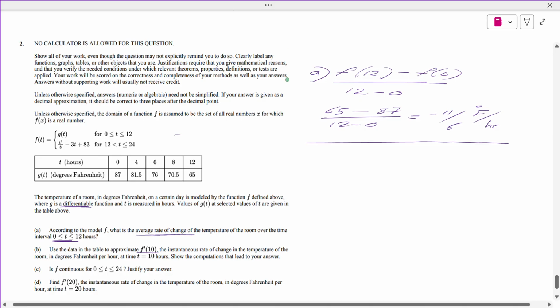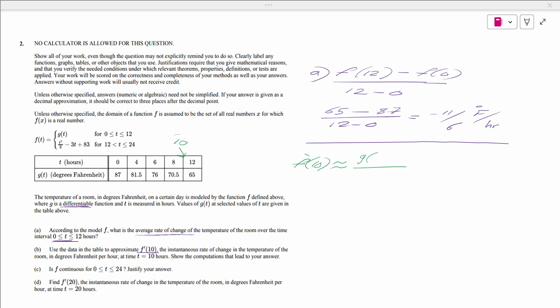To approximate f prime of 10, which one should we use, f or g?